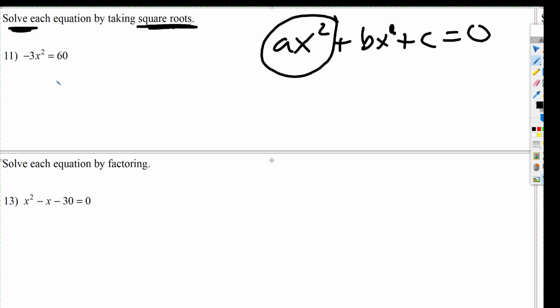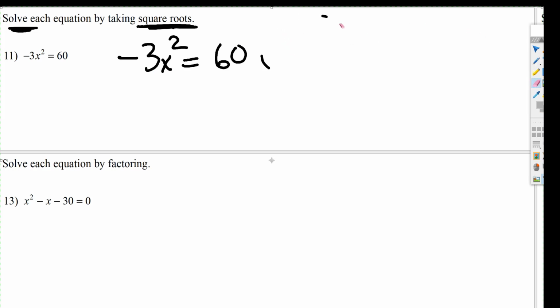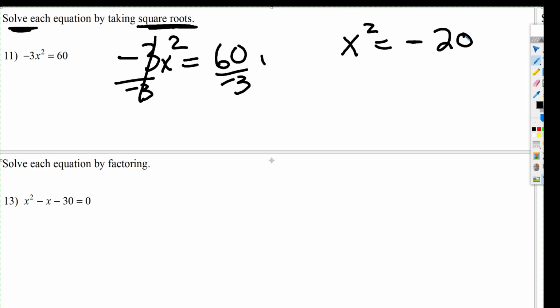Notice right here, you have negative 3x squared is equal to 60. There is no x to the first power, so we can take the square root of an x squared. So the first thing you're going to do is divide both sides by negative 3. So now you have x squared is equal to negative 20.